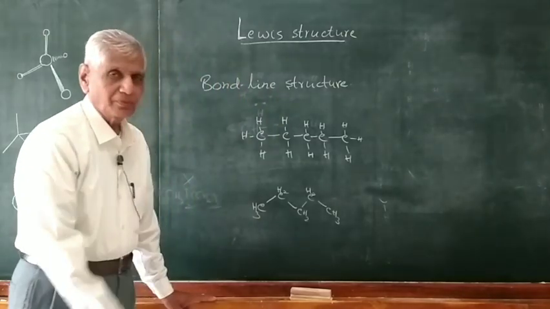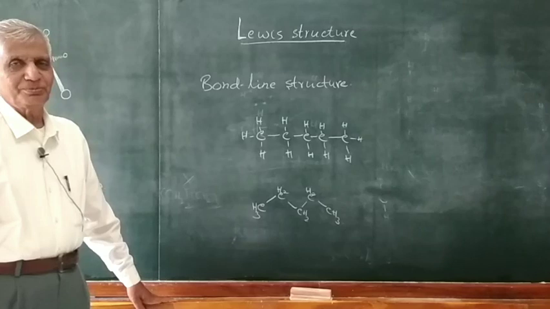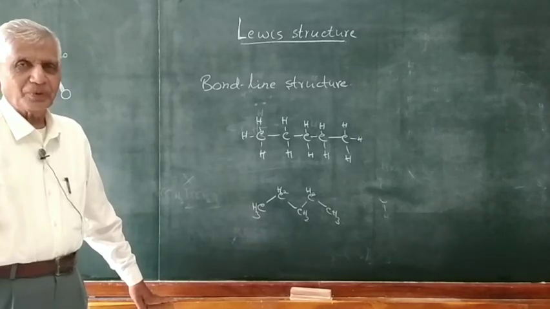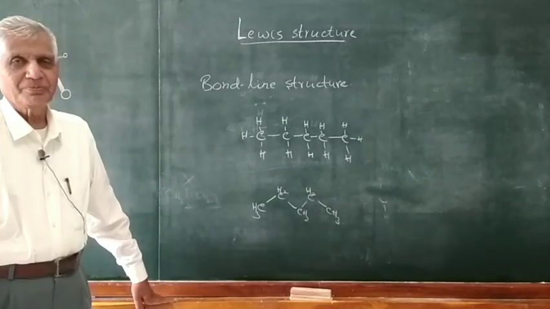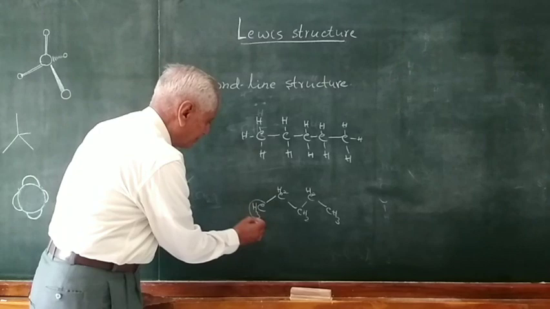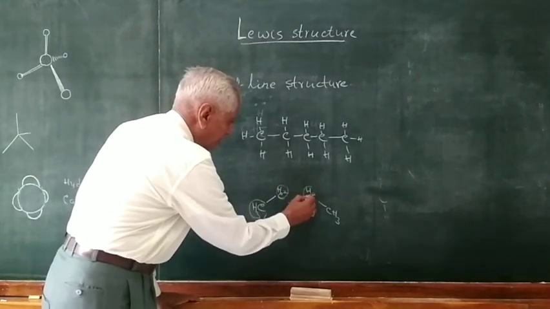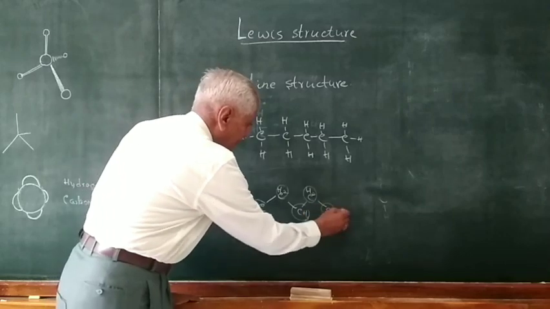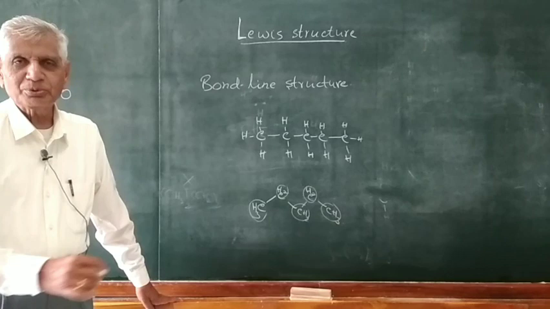Here, I have written the atoms also. Further, you should not write the atoms. CH3 will not be written, CH2 will not be written, this CH2 will not be written. Carbon and hydrogen atoms are not written.